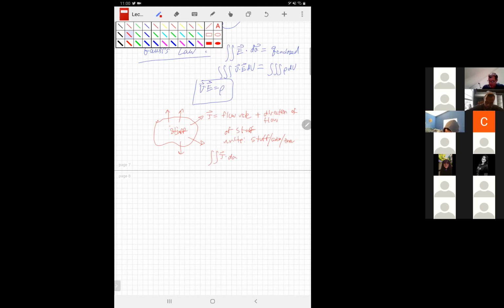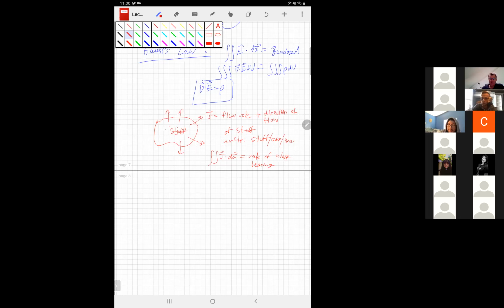So the integral of J dot dA must be equal to the rate of stuff leaving. You're wondering, why is he saying stuff? Well, because the same logic applies whether we're talking about the flow of mass, say fluid flow, or the exchange of chemical species, diffusion, where you've got an incompressible fluid, you've got molecules diffusing in it, and you just replace one type of molecule with another as things diffuse around.